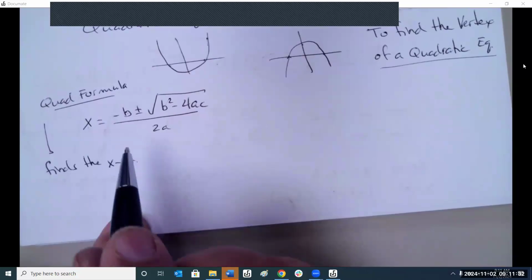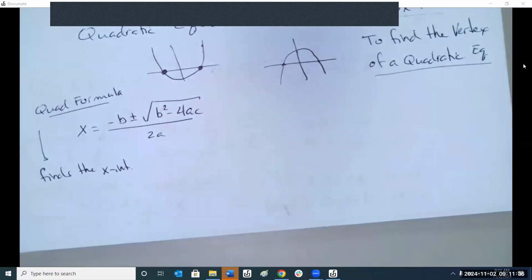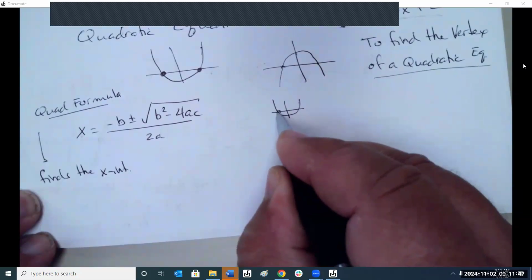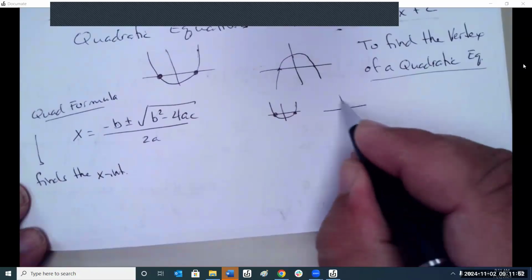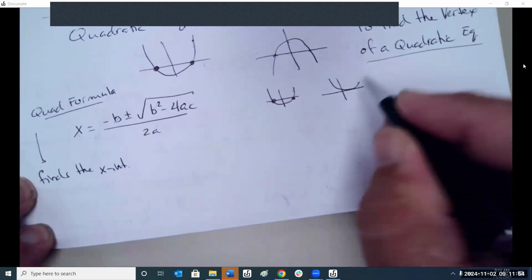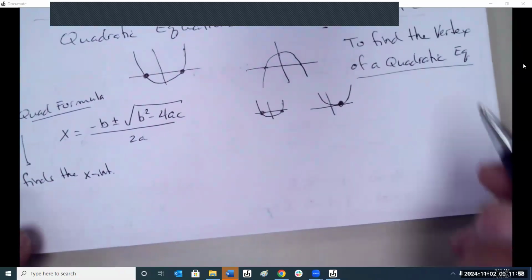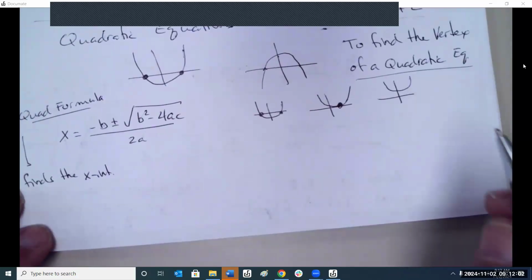The quadratic formula will tell us the solutions, the x-intercepts. Remember, there are 3 possibilities. We can have 2 solutions, we can have 1 solution, where it just touches the x-axis, or we can have no real solutions.